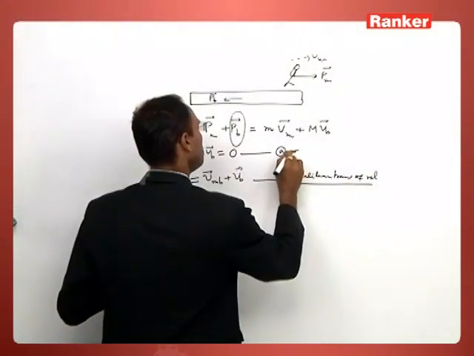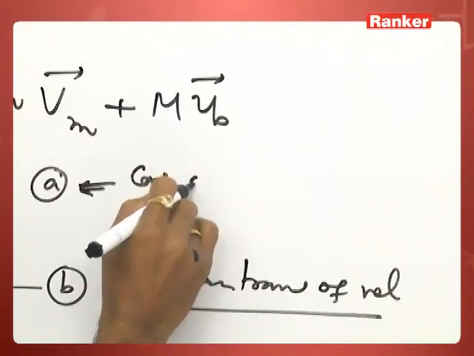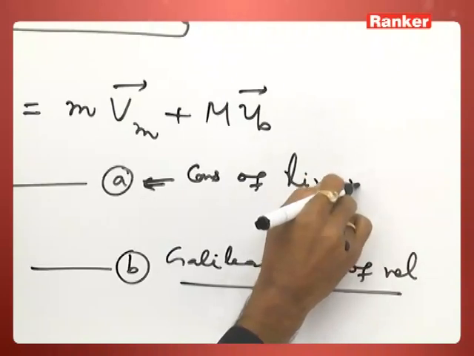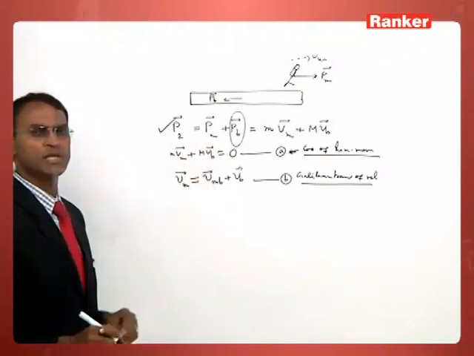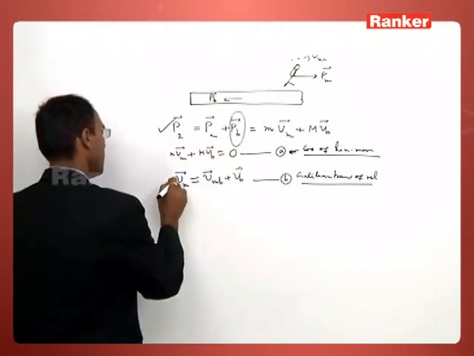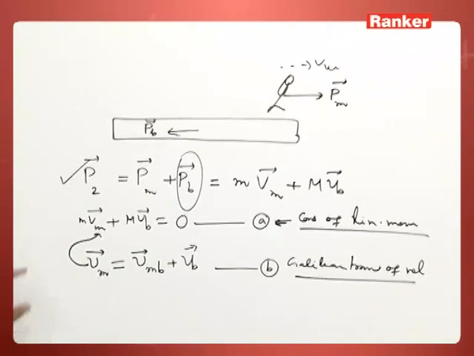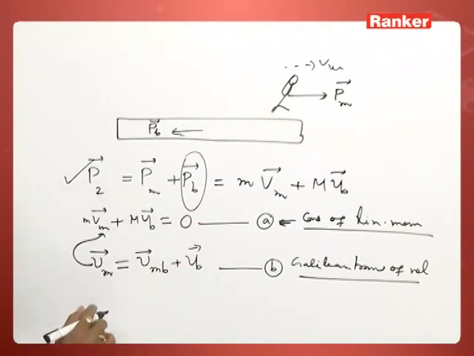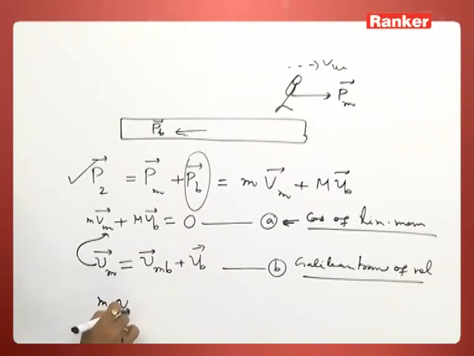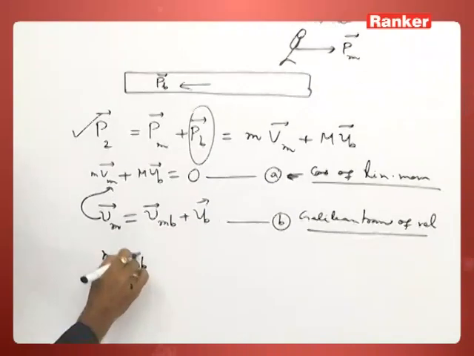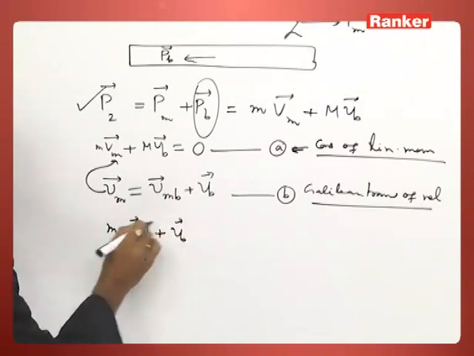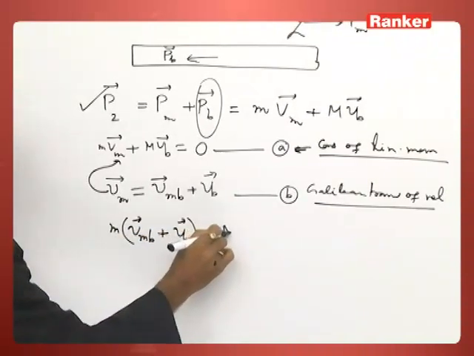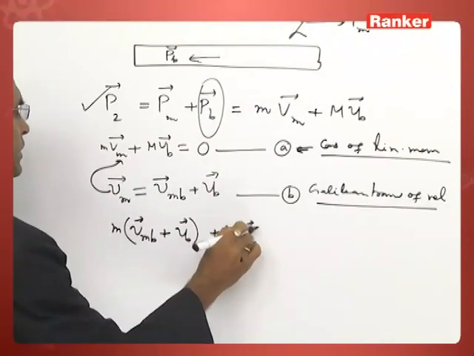And this one is the concept of conservation of linear momentum. We are using two concepts here and substitute the value of Vm, the velocity of man with respect to ground, from equation B in equation A to get m into velocity of man with respect to the boat plus velocity of the boat, plus M into Vb is equal to 0.